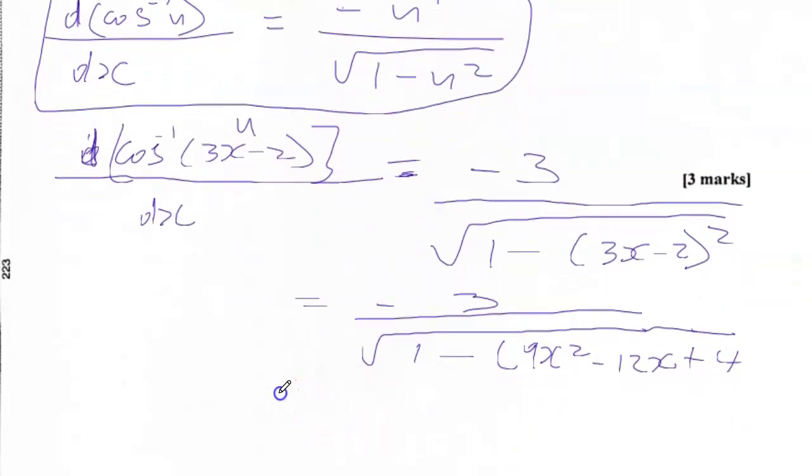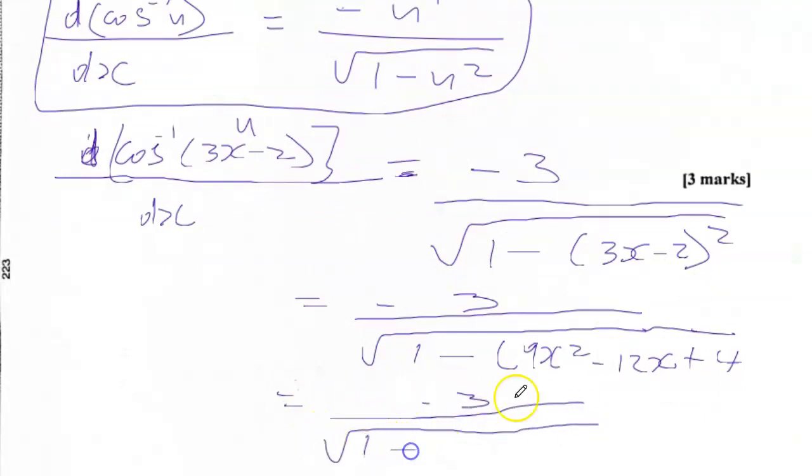We can expand this bracket. We're now with minus 3 over root 1 minus (9x squared minus 12x plus 4), so we distribute the negative to each term in the bracket.